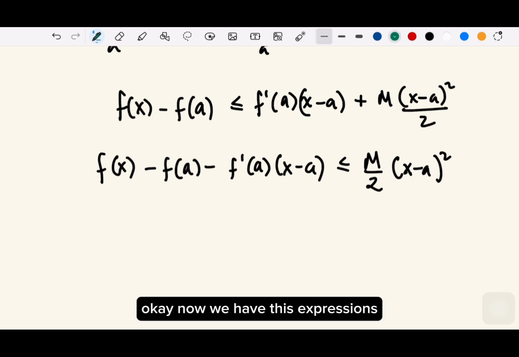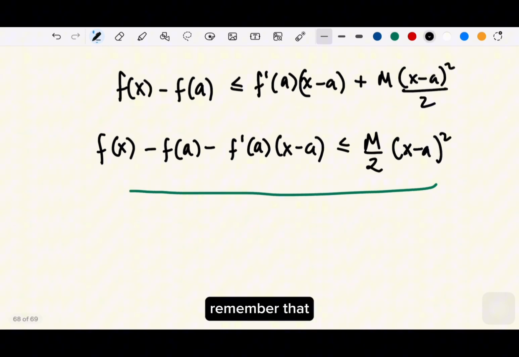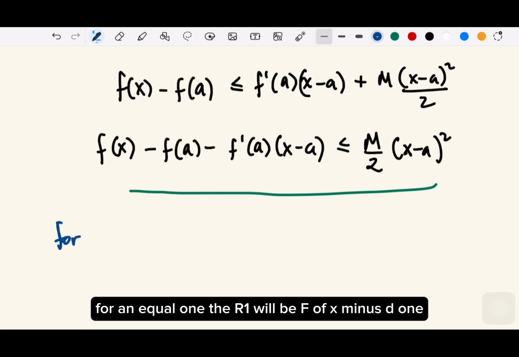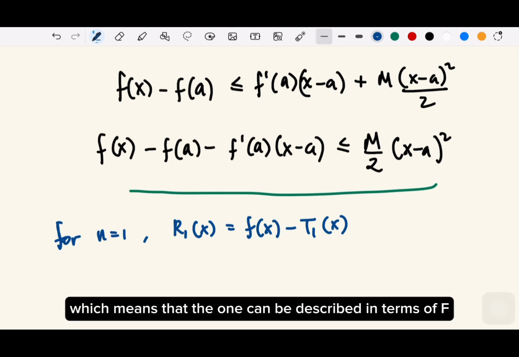Now we have these expressions. Remember that for n equal 1, R1 will be f of x minus T1, right? Which means that T1 can be described in terms of f.